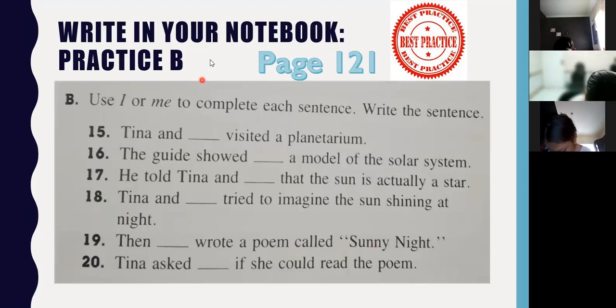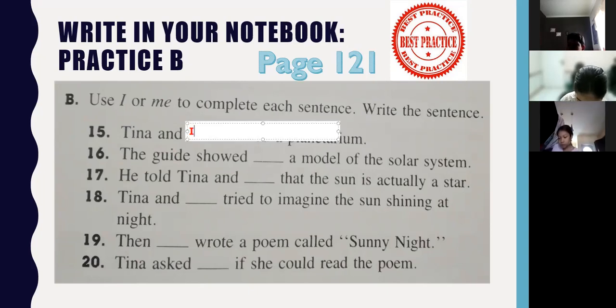Now, let's write together number 1. It says, Tina and visited a planetarium. Me. Tina and I. Yes, copy this. Tina and I. That's right. Why I, class?